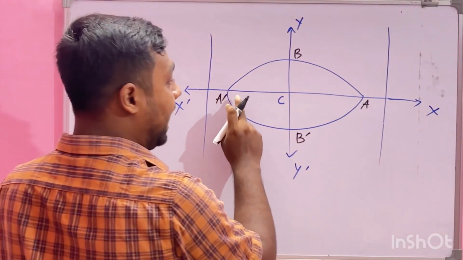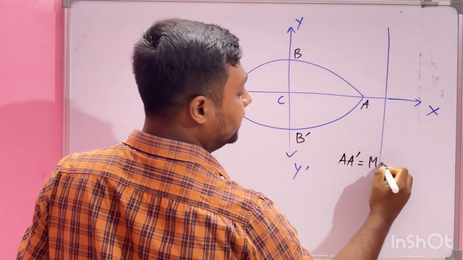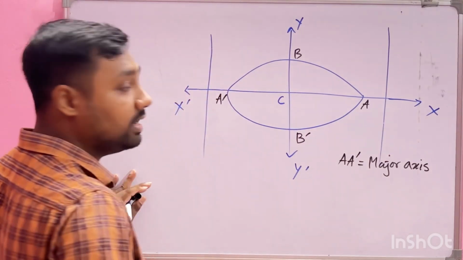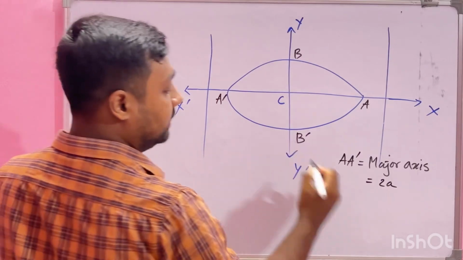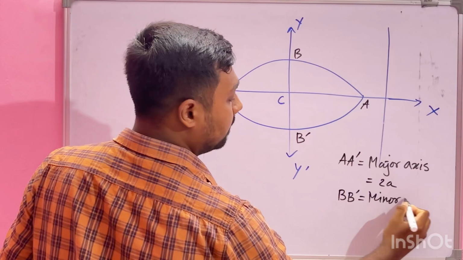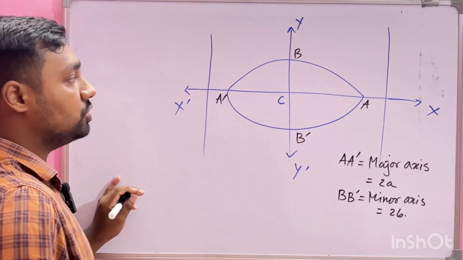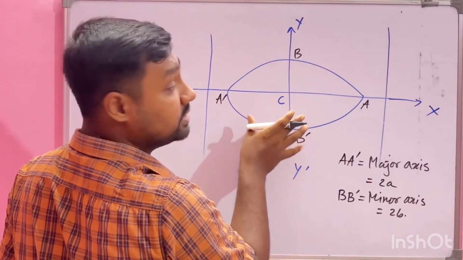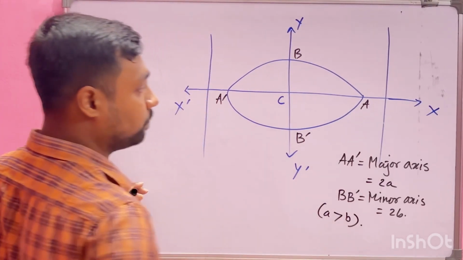The axis A dash is the major axis, and the length of this axis is 2a, and the axis B dash is called the minor axis, and the length of this axis is 2b. So you can see that the length of the major axis is greater than the length of the minor axis; a is greater than b.